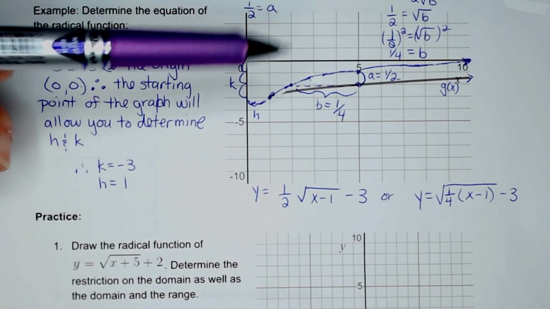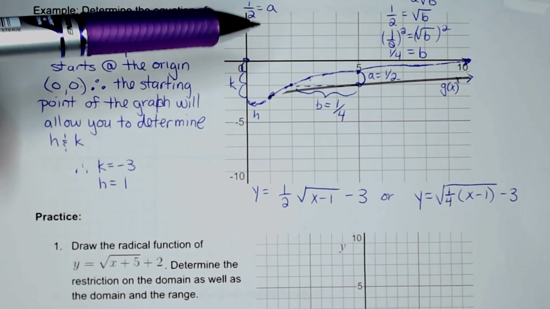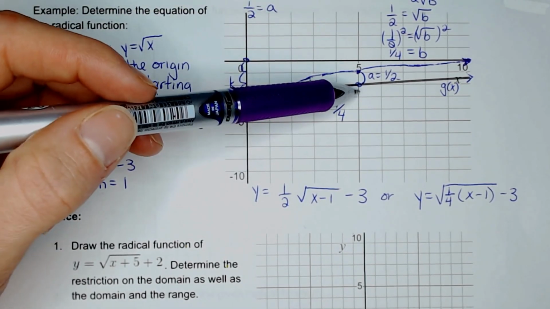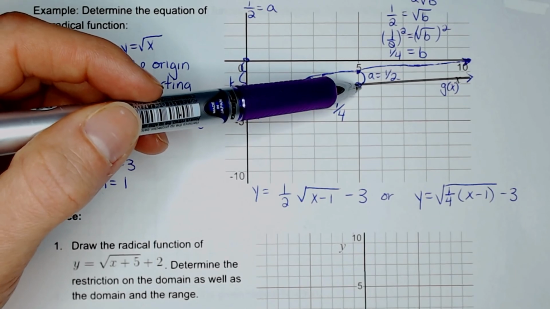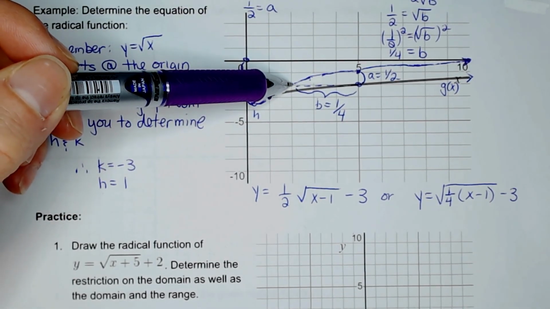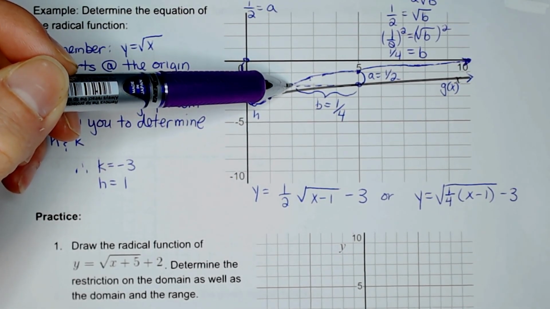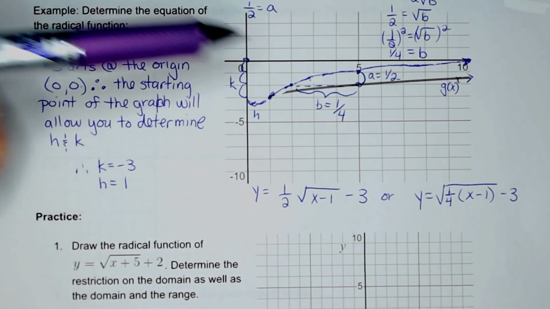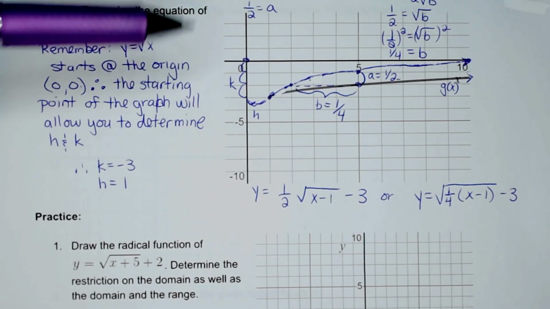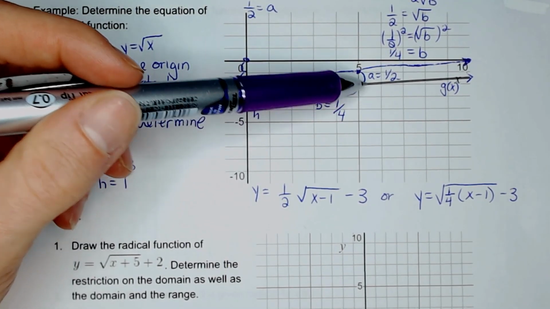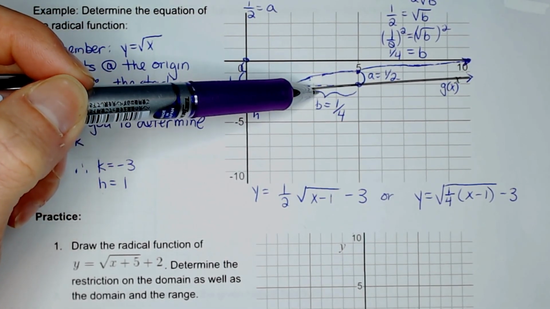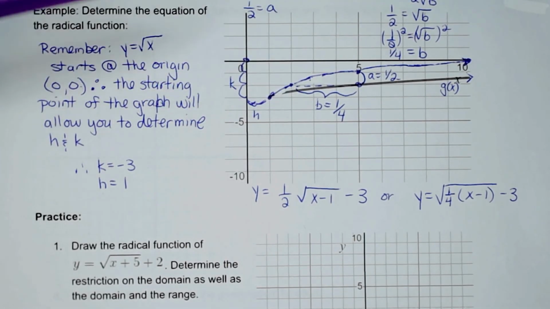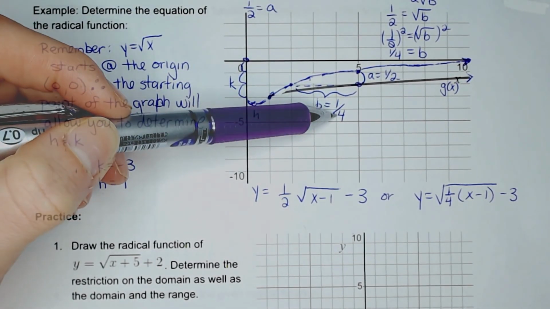Now, if we look at it as a horizontal shift, you're going to compare that same point here to the original graph here, f of x, and we can see that our x values have changed by a factor of 1/4. Our x coordinates have changed by a factor of 1/4, giving us a b value of this.